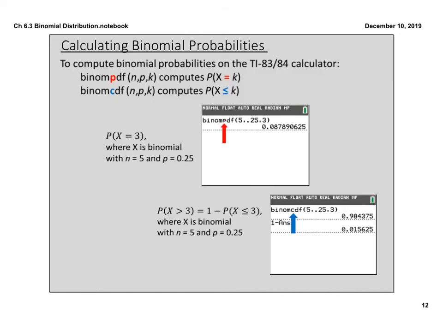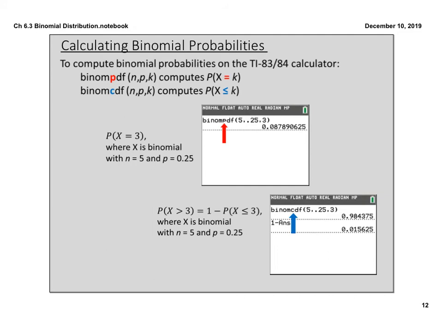All right, so now like everything else in our class, there are formulas and ways to do things by hand, and then there are also methods on our fancy machines, meaning our TI-84 calculators, to do them on the calculator. So I want you to think back to chapter 2 when we were doing normal distribution, and we would do normal CDF to find a cumulative probability of a normal distribution.